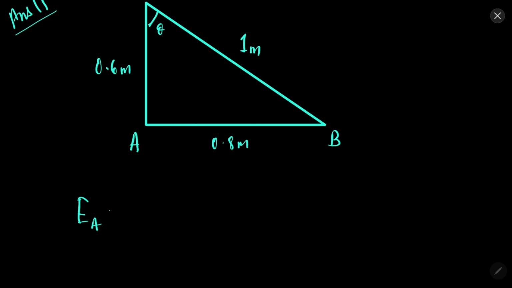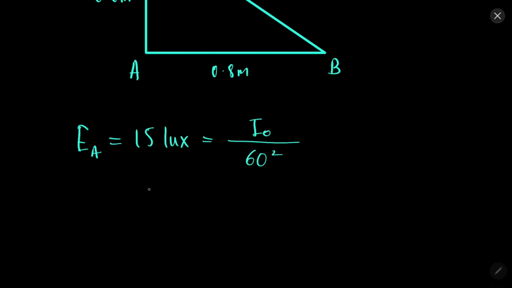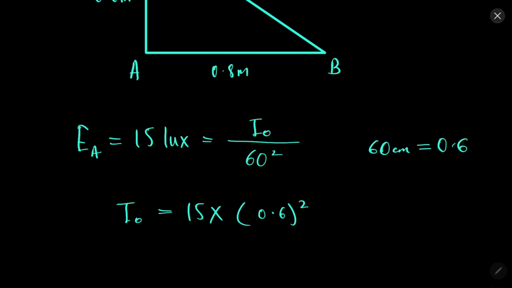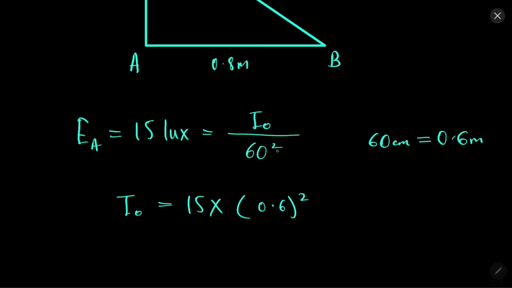So given lux for EA is 15 lux, I naught over 60 square, I naught equal to 15 into 0.6 square, because 60 centimeter was there, so we put 0.6 meters. It will come out to be 5.4 candela.